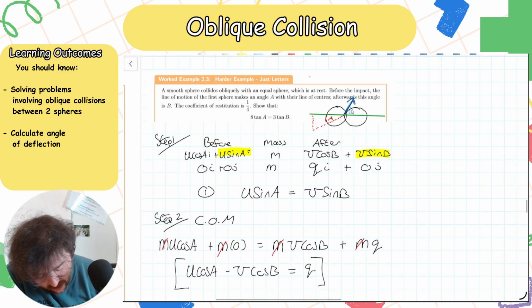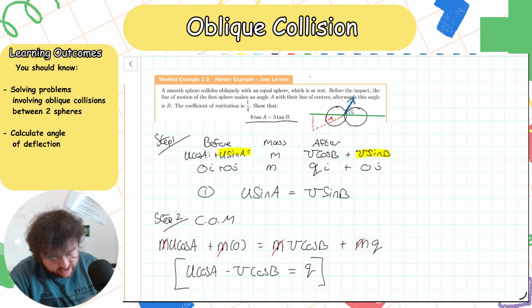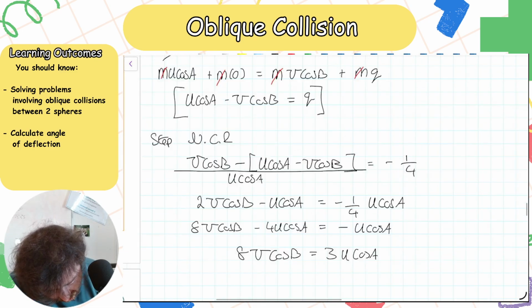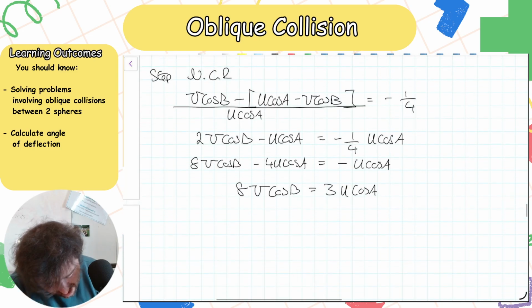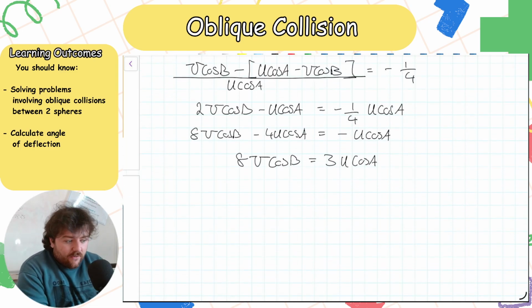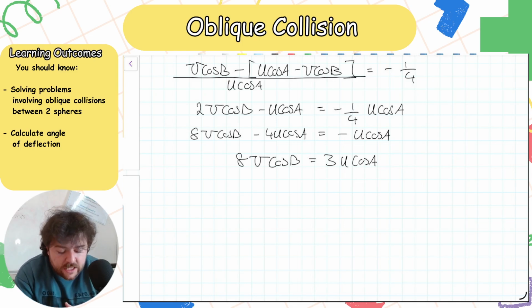Things are starting to take shape here. What am I looking for? I'm looking for 8 tan A is equal to 3 tan B. I have an equation of sines and an equation with cosines, so I must be doing something here.